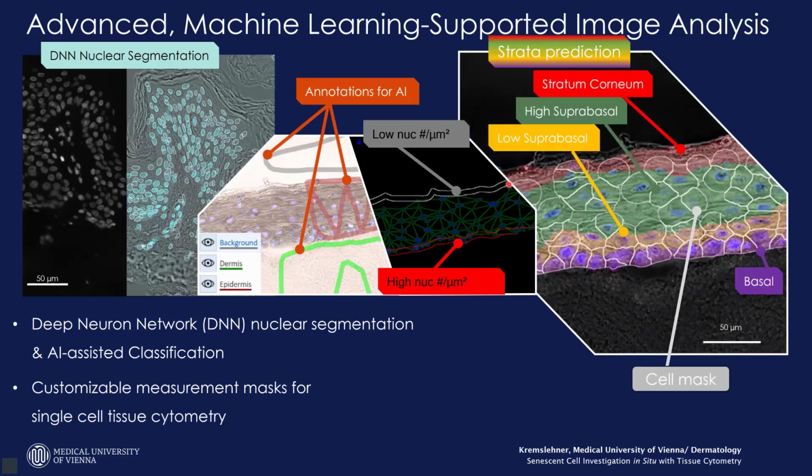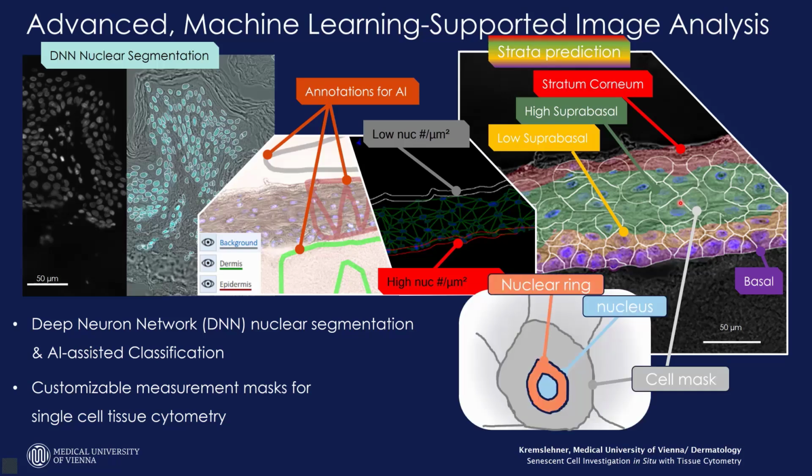From there on, we continue to subdivide it further into the first differentiating layer and the rest of differentiated higher suprabasal cells. Around each nucleus, we generate the measuring mask and an additional nuclear ring mask to measure stainings at the border of the nuclei.